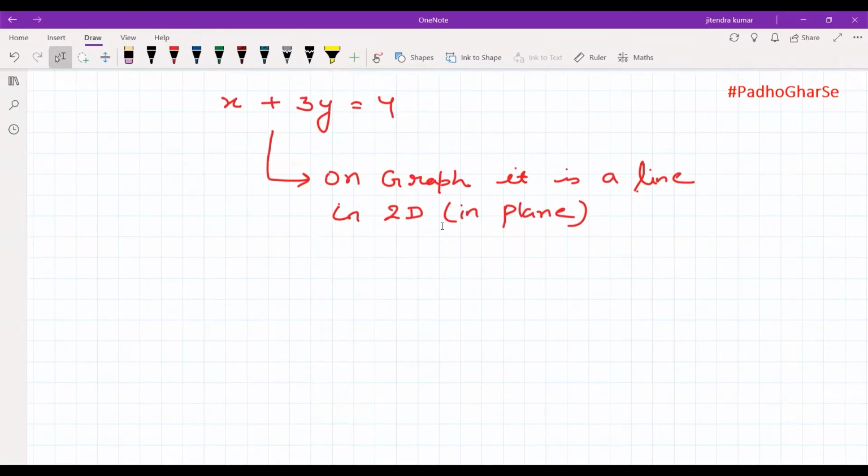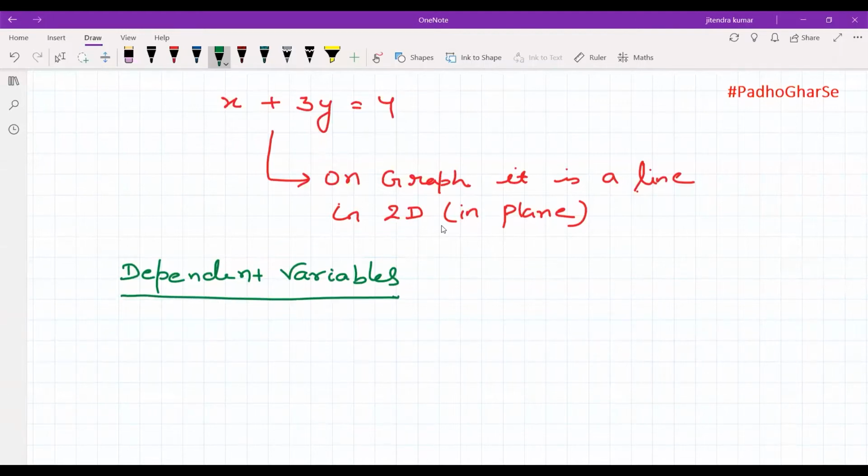One more thing, let's discuss it first. There are two terms, dependent variables and independent variables.